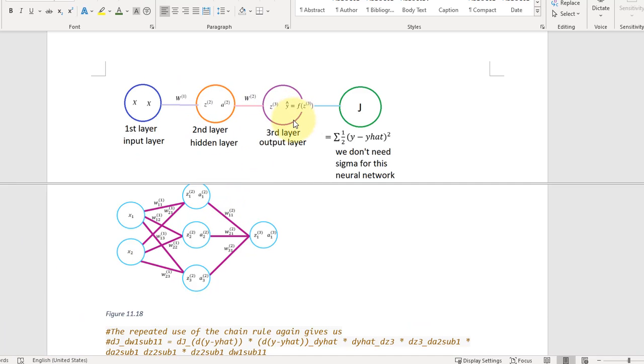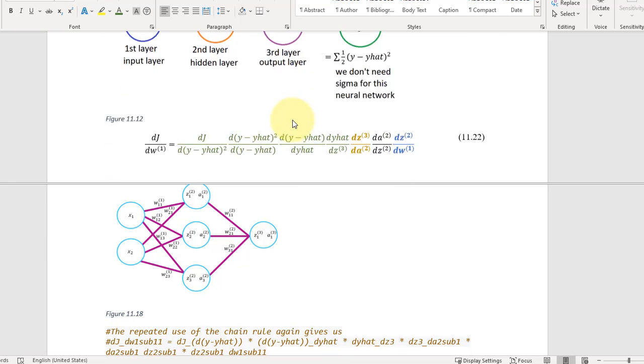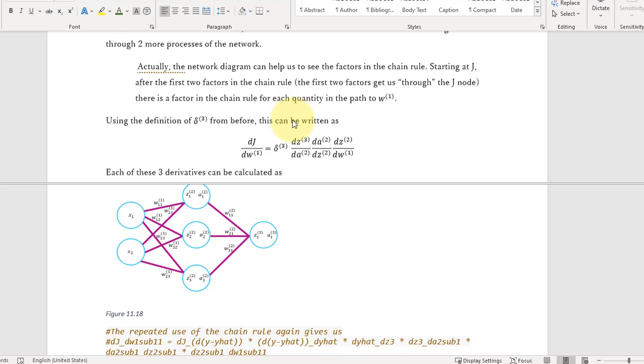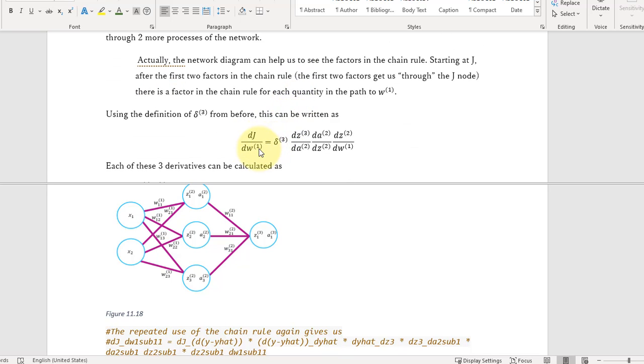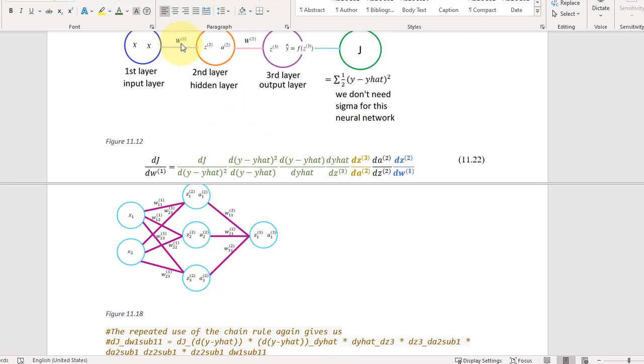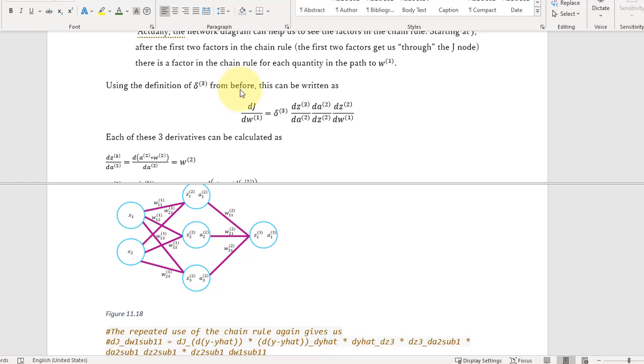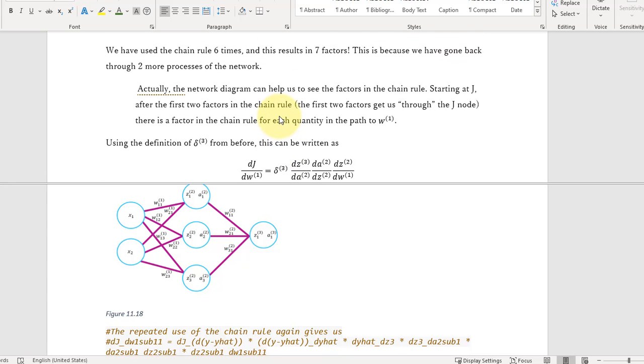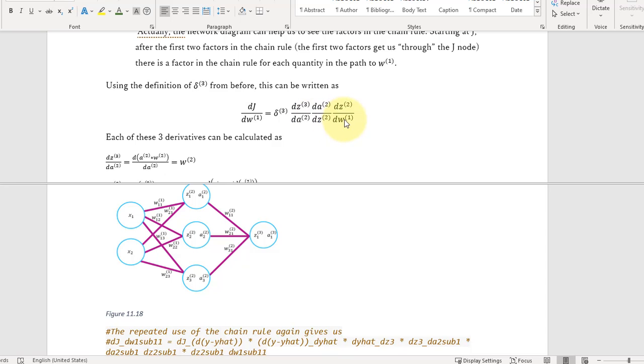Here it's a little hard to read, so let's go back and look at this original network architecture. We had this result: if we're going all the way back down to here, the derivative of J with respect to W1, we had this delta 3 in there. And delta 3 was everything except for the last 3 terms.